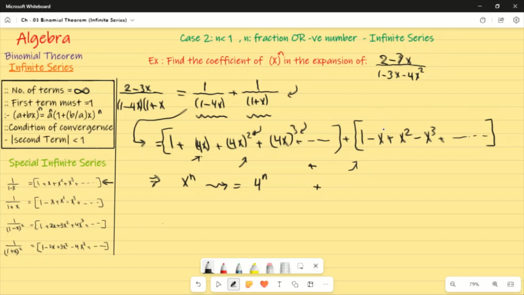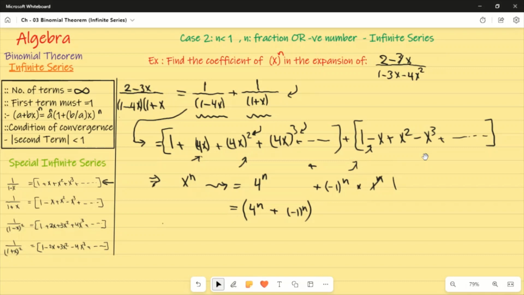So we have here at the odd power a negative sign. So just write negative 1 power n, and all the numbers here are 1. So this is multiplied by 1 power n. So the final result is 4 power n plus negative 1 power n, and this is the coefficient of x power n.